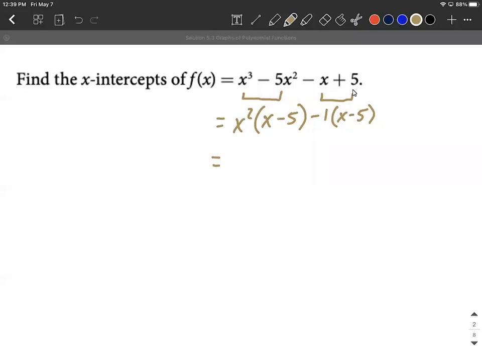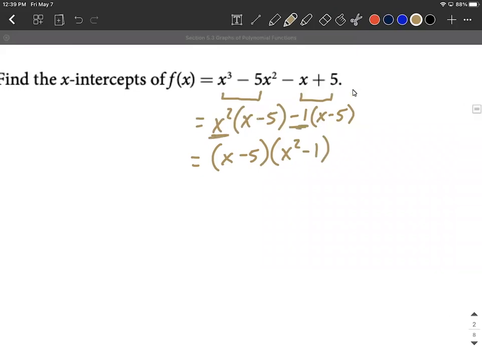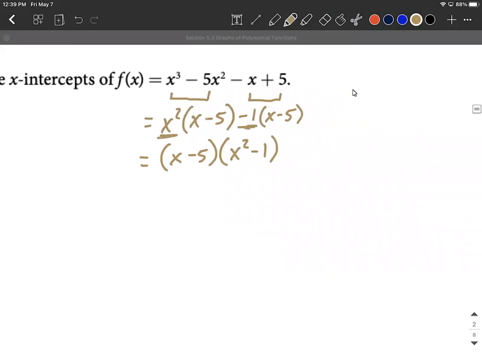Now what we want to do is, what's inside the set of parentheses goes in one set of parentheses. What's out in front, the x squared minus 1, looking right here and right here, goes into our other set of parentheses. Sometimes students struggle with this and say, I don't see where that comes from. If I give you a side problem of x squared multiplied by a, minus 1 multiplied by a, it's pretty easy to see that both of these have an a in common.